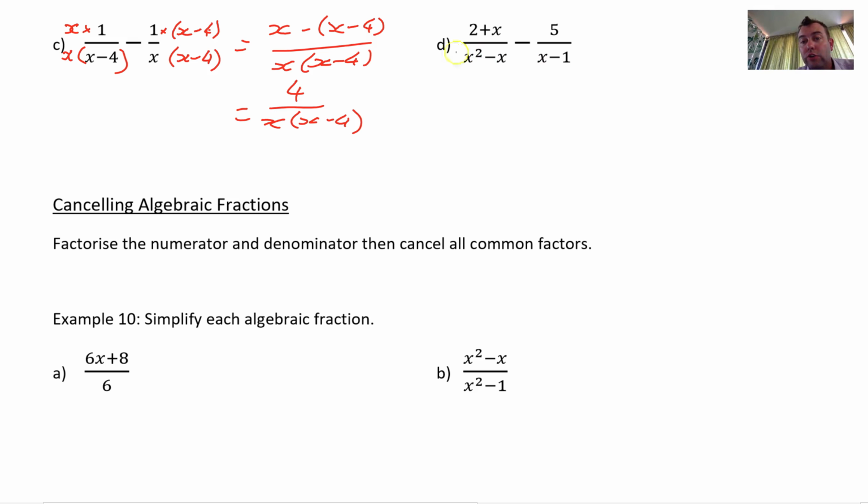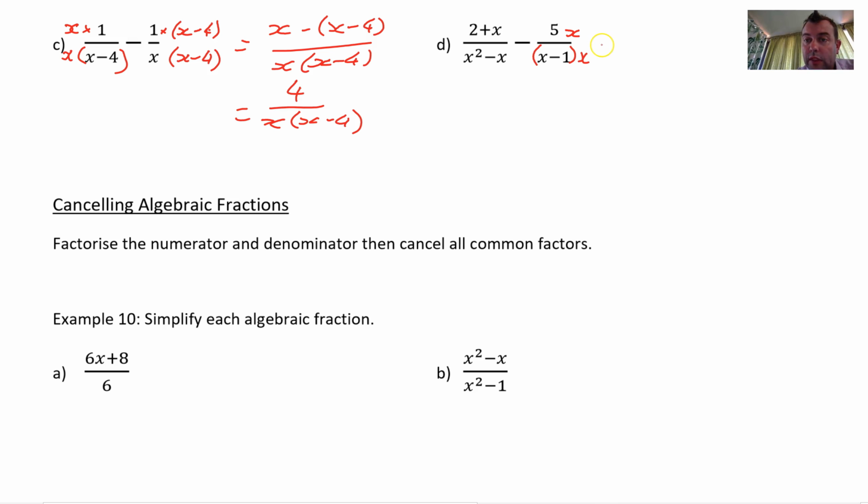Lowest common factor here, I could multiply top and bottom here by x minus 1 and top and bottom here by x squared minus x, but I think we're going to find that we could factorise this and get x outside of x minus 1. So as long as I multiply top and bottom here by x, I'm pretty sure we're going to get x squared minus x, common denominator, right?